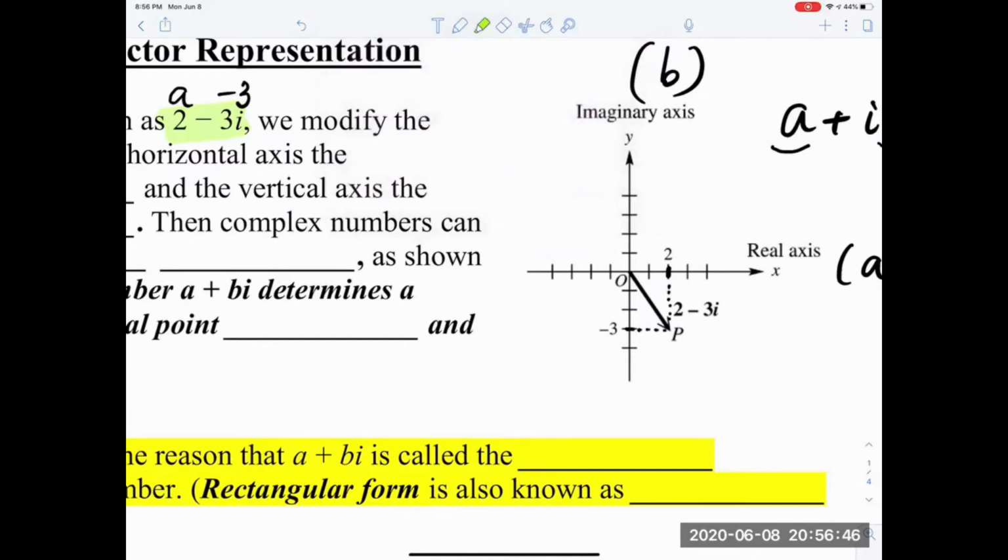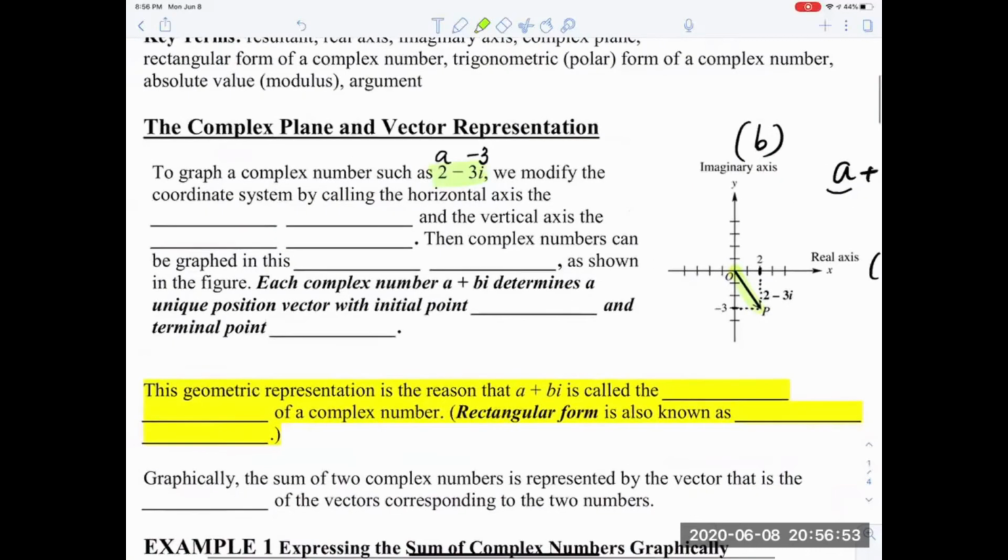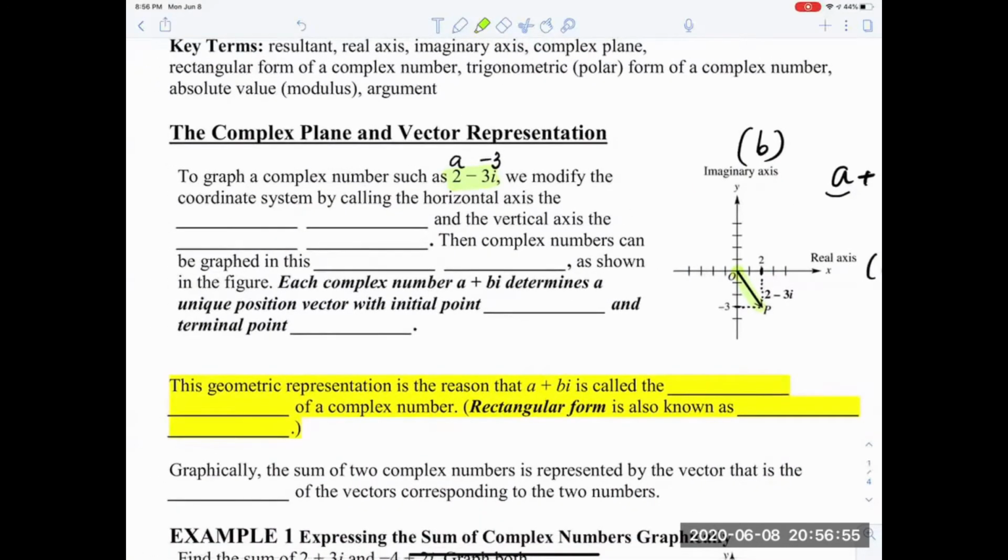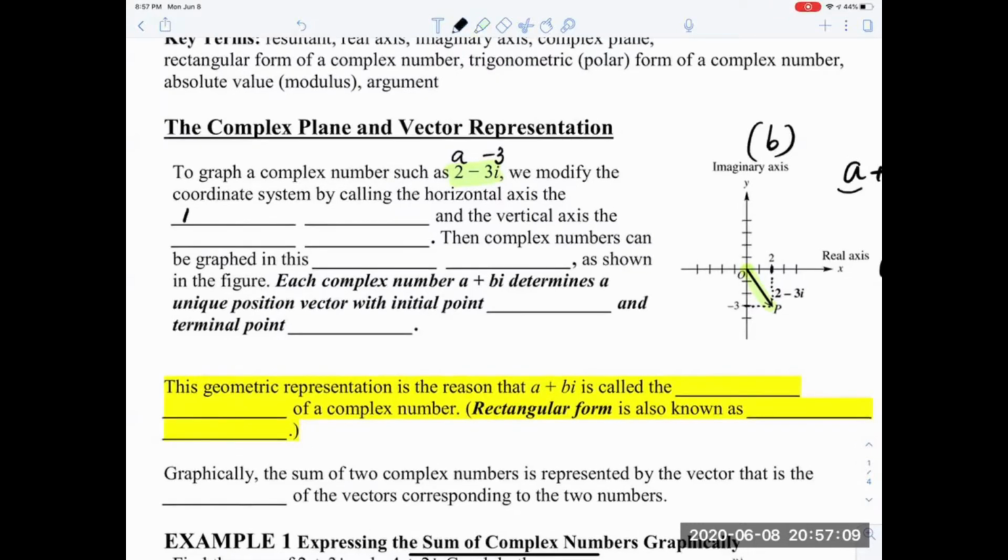Hence, you get the vector, which starts from the origin and points out to the end of the point that we found. So when you graph a complex number, in this case 2 minus 3i, you modify the coordinate system by calling the horizontal axis the real axis, and then the vertical axis we call the imaginary axis.